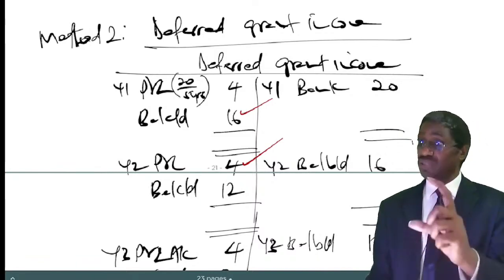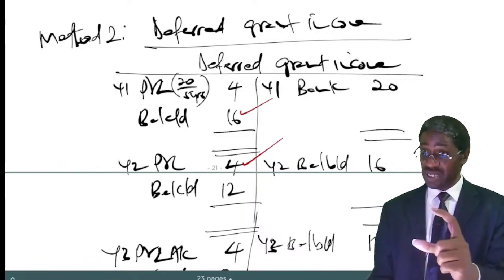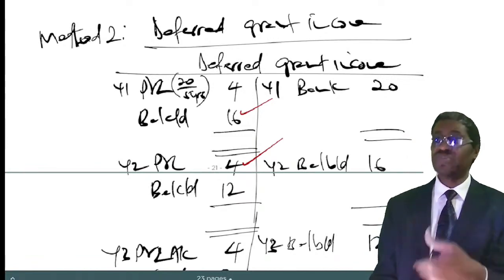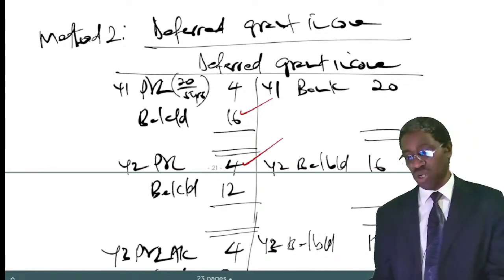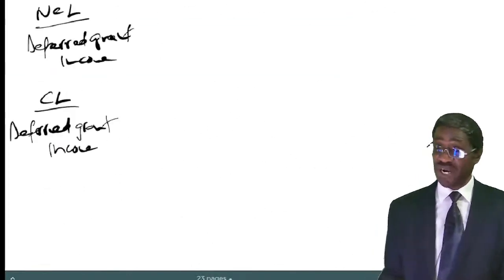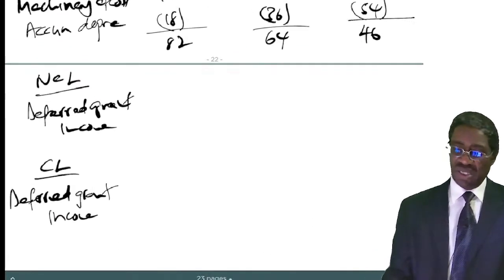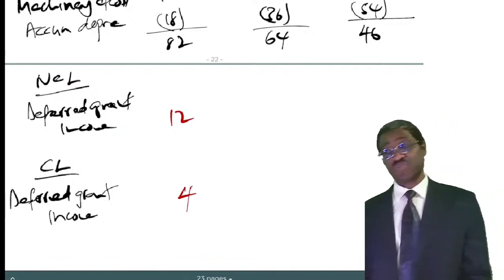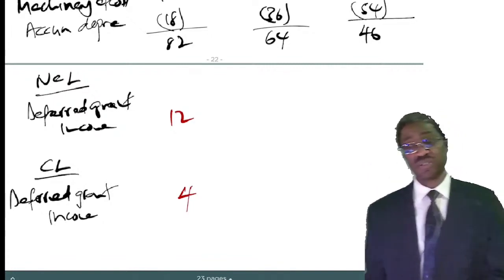Let's put 12 as deferred long term in the balance sheet, while current is 4. Hope you are following.